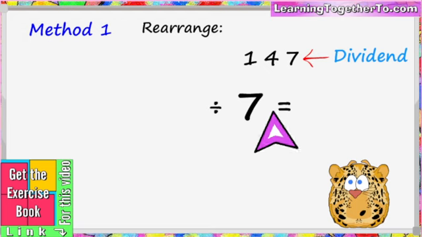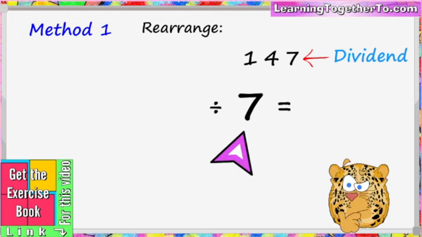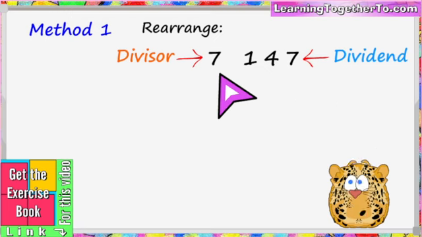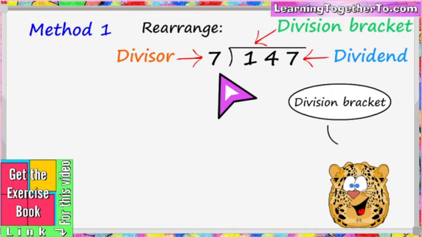The number we are dividing by is called the divisor. Nicely done, Simon. It goes over to the left. Simon, the divisor and the dividend are separated by a division bracket. Well done, Simon.